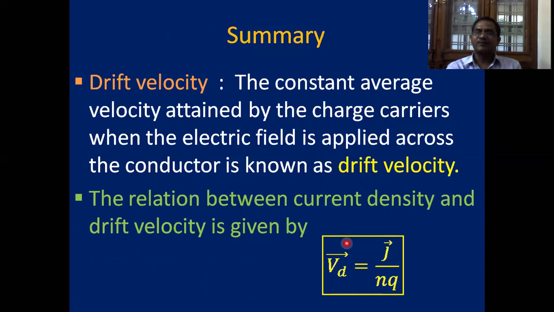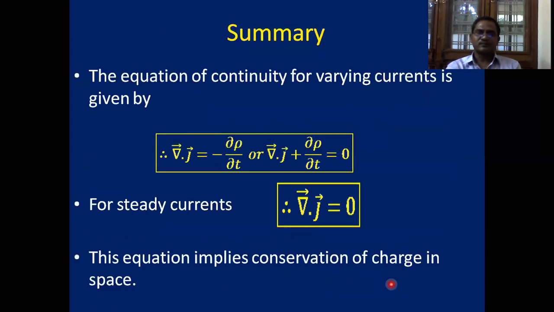Drift velocity is a very small value, in the order of 10 power minus 4 meter per second. With that speed, the electrons drift by following the zigzag path as shown in the figure. The relation between drift speed and current density is Vd equals J by nq, where n is the electron density and q is the charge of the electron.